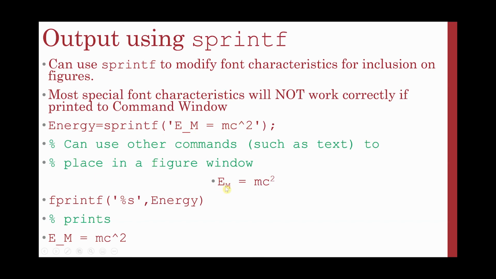And if you were to place this in a figure, you would get the nicely formatted equation that we like. If you were just to print the variable energy as a text string, you are not going to get the formatting to occur. So the formatting only occurs in figures. When using the sprintf command, it will not appear in your command window.